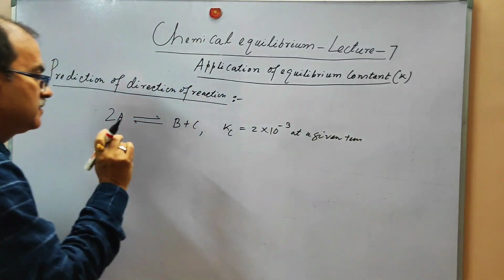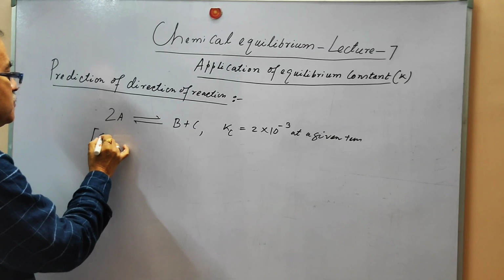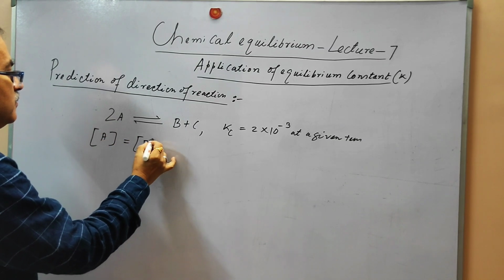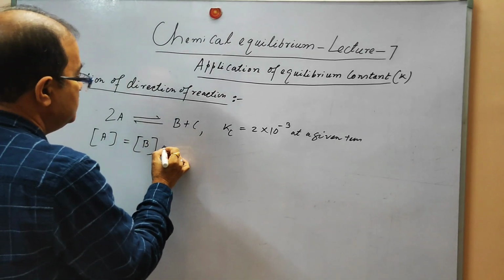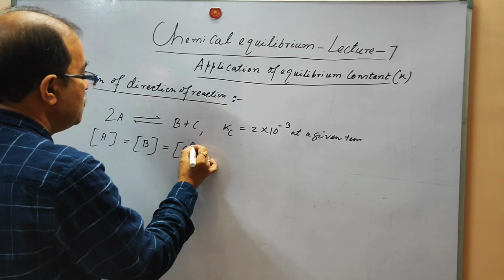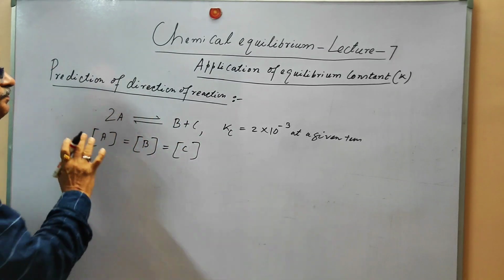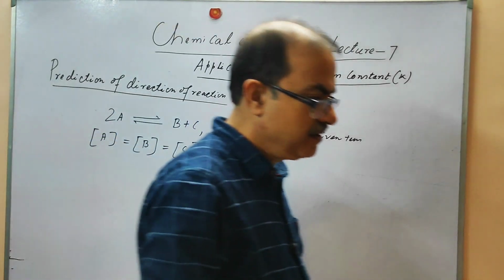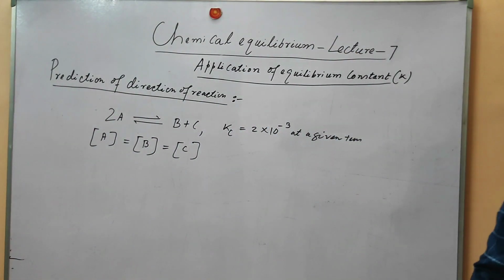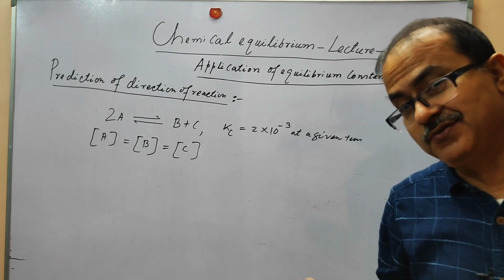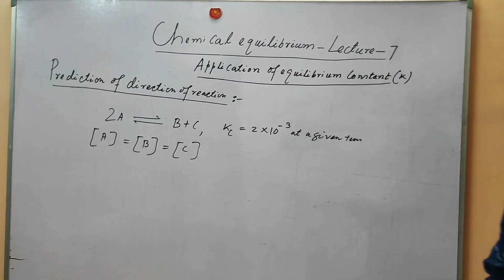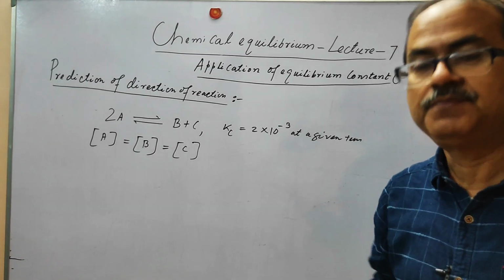At any point, when we determine the concentrations of the reactant and product in the experiment, you then have to predict the direction in which the reaction will continue. You can pause the video and try it yourself, then you can understand the concept very clearly.